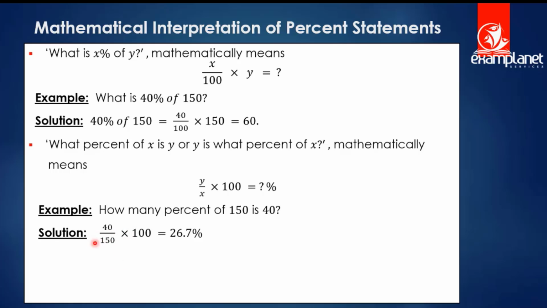When you simplify that, you get 26.7%. That means 26.7% of 150 is what will give you 40. So if you find 26.7% of 150, you will get 40. That's exactly what this statement is saying.